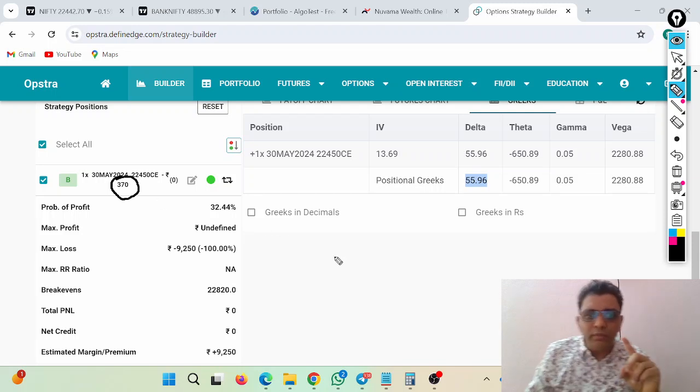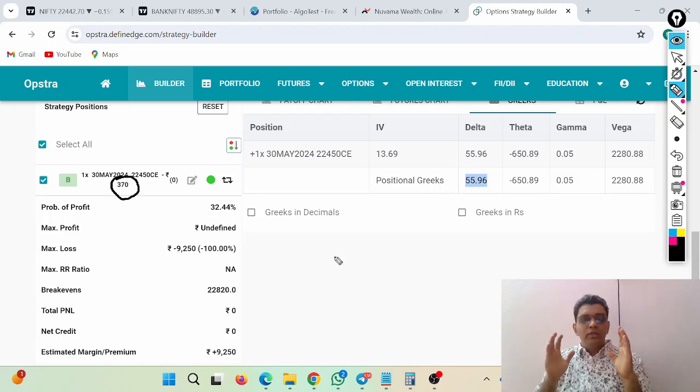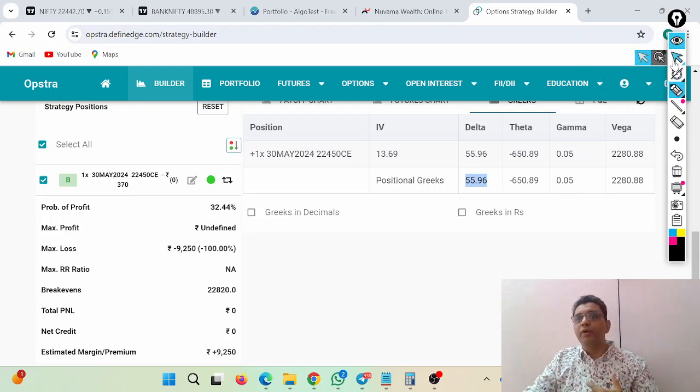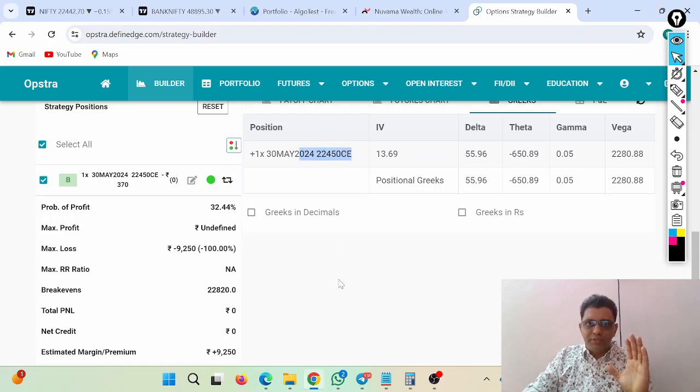So in trading, first of all, please do not get confused between probability of winning and probability of profit. Listen to it carefully. What is the meaning of probability of winning and probability of profit? When I am buying a 22,450 call option, I will win whenever Nifty gives a closing beyond 22,450.